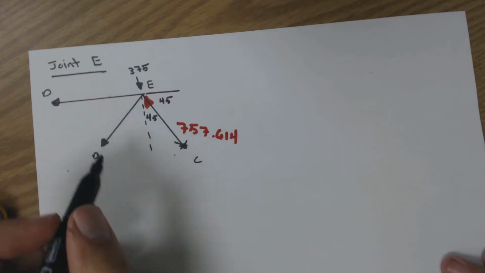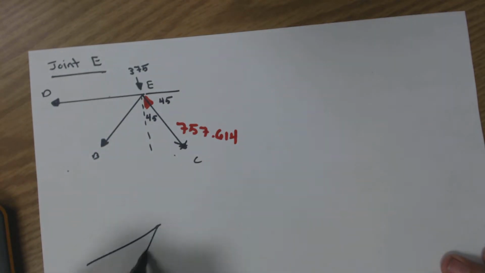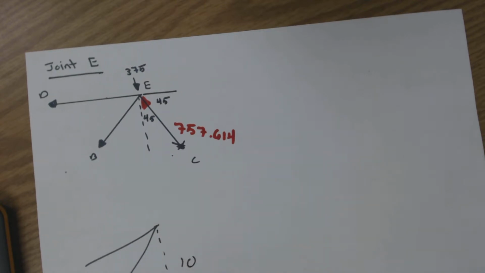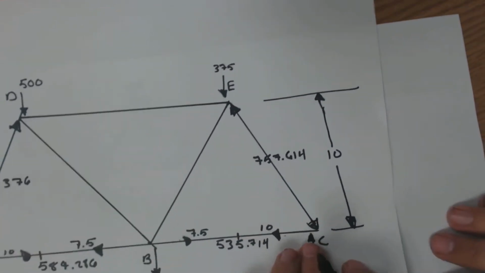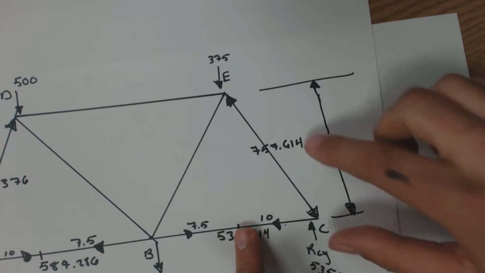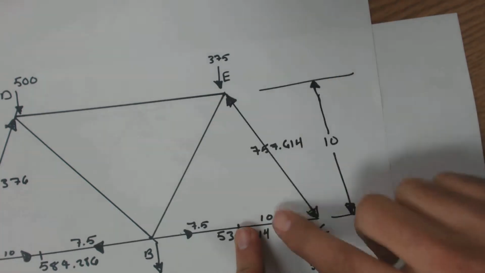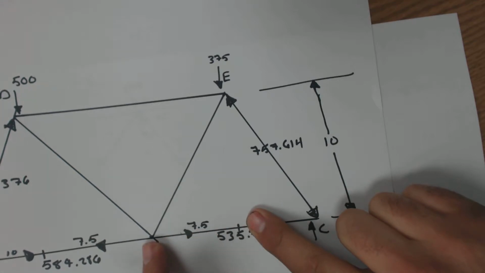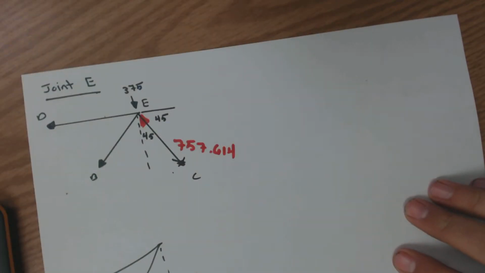That angle, if I were to draw it straight down, we are 10 tall, and looking back at our original, where did I put him at? Here. Down to here, we are up 10, and we are over 7.5, and that's going to be that top angle.